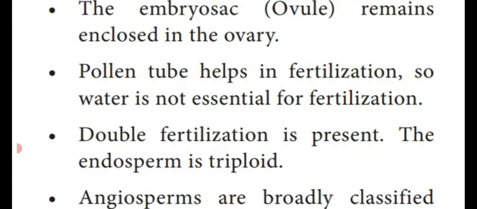That means the pollen is carried away by external agents. It may be wind, water, animals and insects, or it directly falls onto the same flower, that is said to be self-pollination and cross-pollination. So underline the words: water is not essential for fertilization.